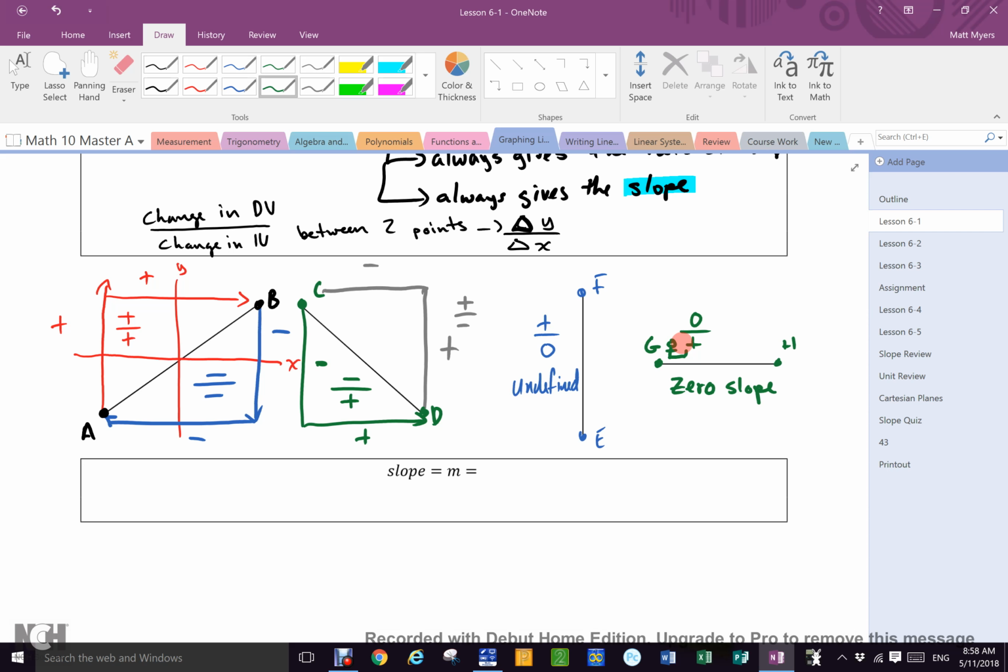Everybody understand? No slope, because it's flat. You can't slide down it. Infinity slope, because you can't slide down it because you're going to fall. Is everybody good? All right, now, notice I've got this little box down here.